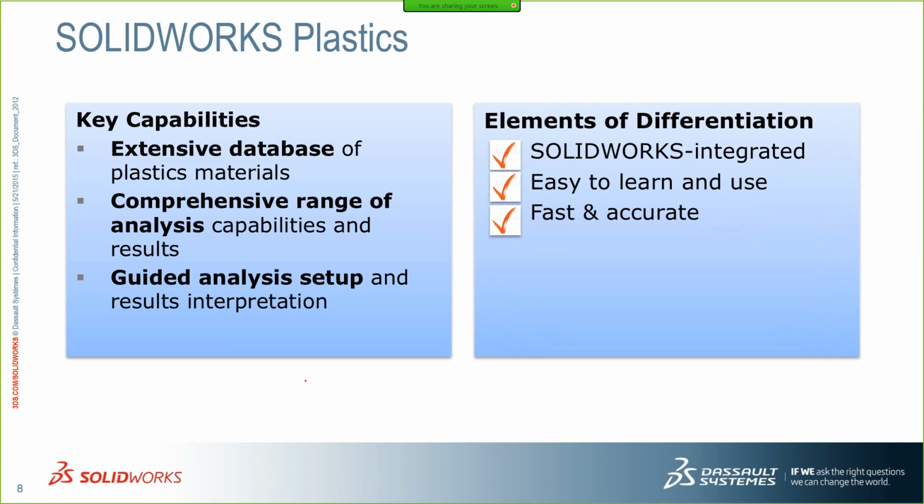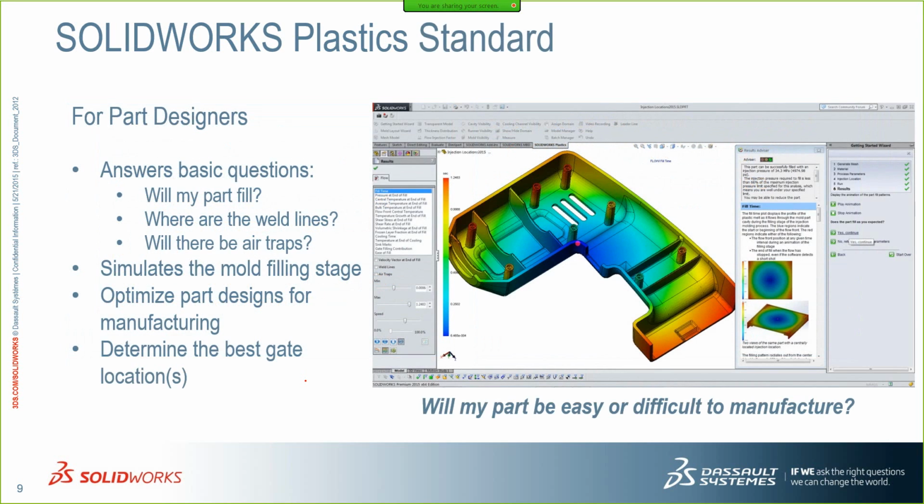Other elements of differentiation, it is well integrated into SolidWorks CAD. So we are not talking about multiple softwares. The plastic simulation will be done within the CAD module. It is quite fast and easy to use. No import or export, no data loss. So these are a few from a software perspective.